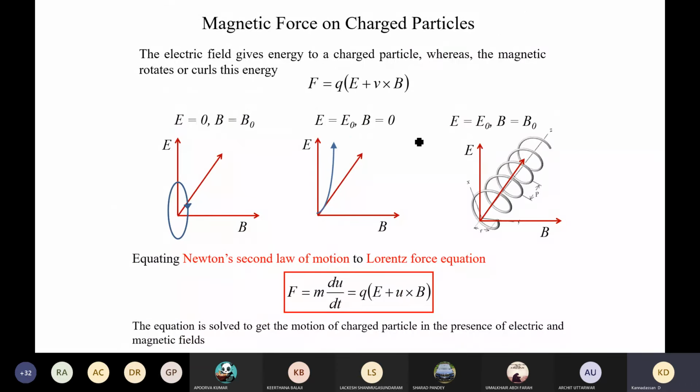So this is the Lorentz force equation, and we have this electric field and magnetic field. Both are available, both are perpendicular to each other, and assume that this particular point charge is trying to move in some particular direction. Let's say it is moving in this direction or in this direction, whatever it is.